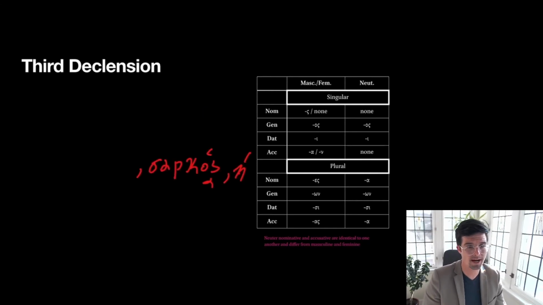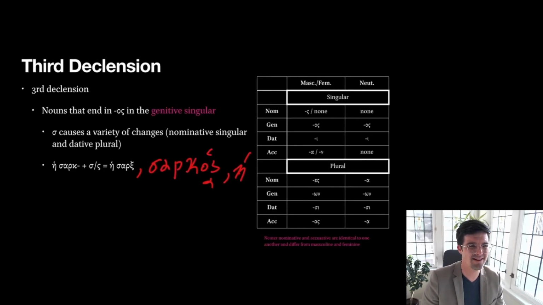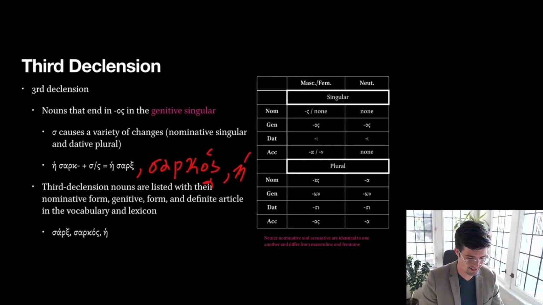And so then I have given you here this same information from up here, down here, that this is what it's going to look like in the dictionary or in a vocabulary list. The nominative singular, the genitive singular, and then the definite article, once again always telling you what the gender is.